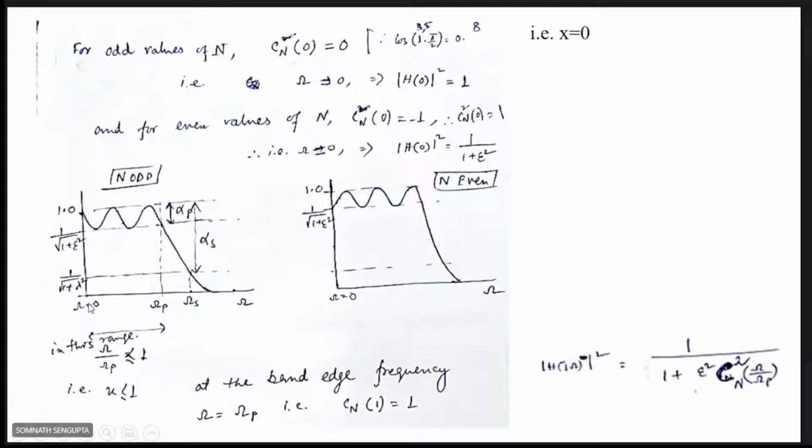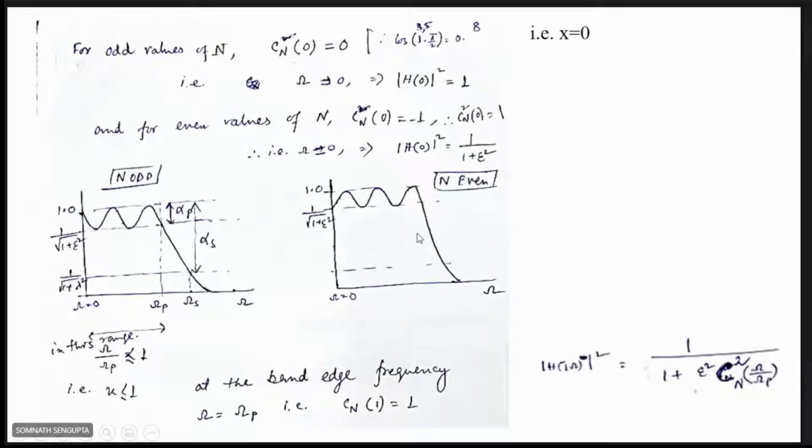At omega equal to 0 we get gain 1 for n odd, whereas when n is even, the magnitude characteristic at omega equal to 0 is 1 by root over 1 plus epsilon square. It is the starting value from where the magnitude oscillates.